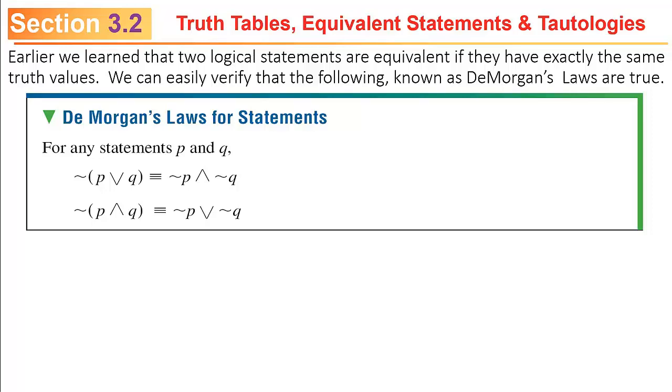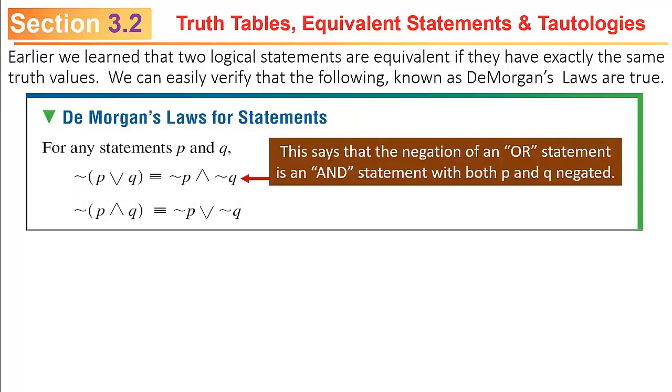De Morgan's laws for statements says for any statements P and Q, the negation of P or Q is not P and not Q, and the negation of P and Q is not P or not Q. Now, it might look a little strange at first, but it's very easy to interpret this. In the first statement, it says that if you negate an OR statement, you get an AND statement.